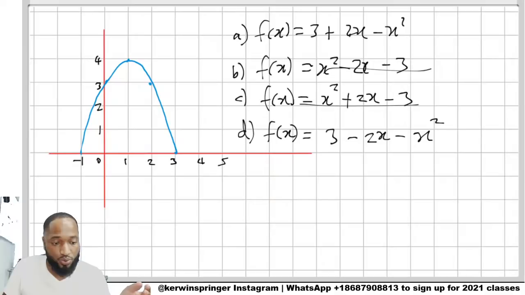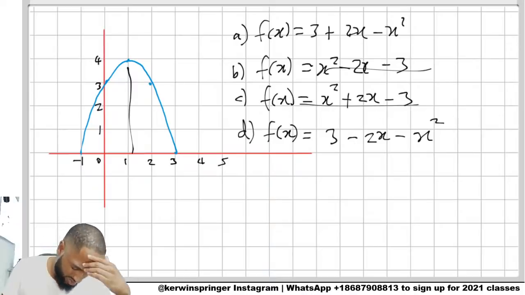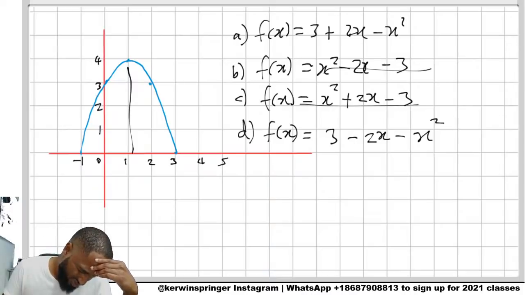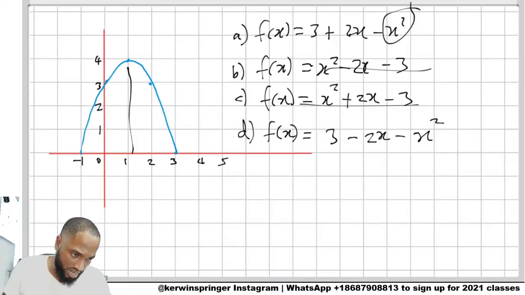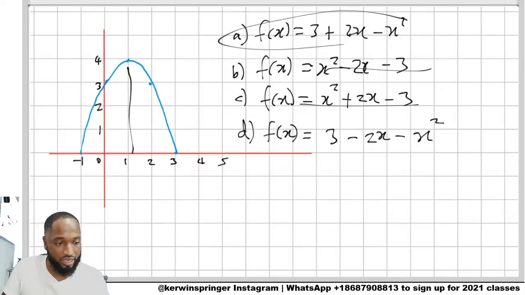How shall we know? Substitution. What we going to do? Can't substitute 0. Substitute 1 in this and I will get 0. Substitute 1 in this and I will get 4. A is the answer.